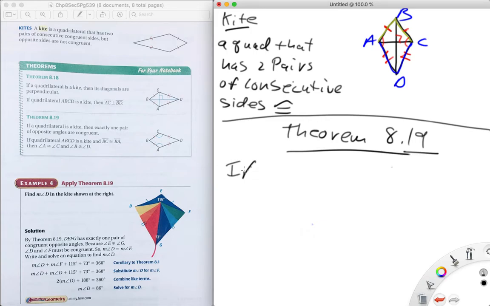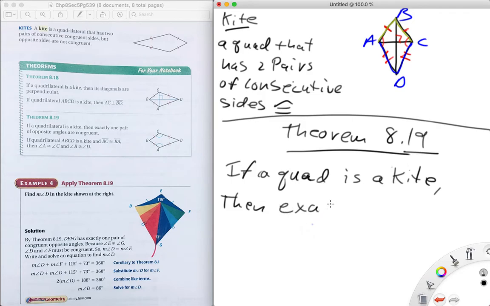So if a quadrilateral is a kite, then it has exactly one pair of opposite angles that are congruent.